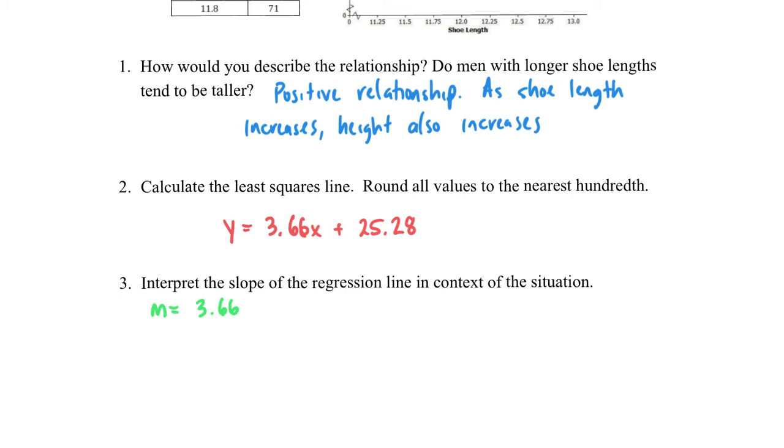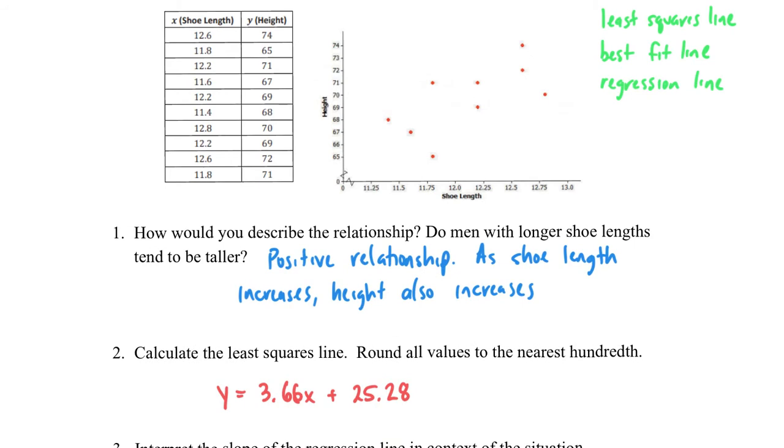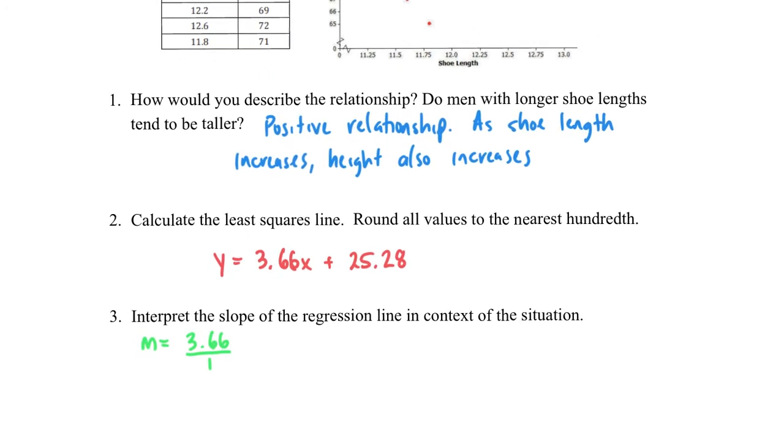When we answer this question, interpret it in terms of the context of the situation, I want you to make it into a fraction. It's always going to be over 1 because we're talking about a decimal. Let's remember that slope is change in y over change in x. What does my y value represent in this problem? It represents height, and my x represents shoe length. So what does that mean?